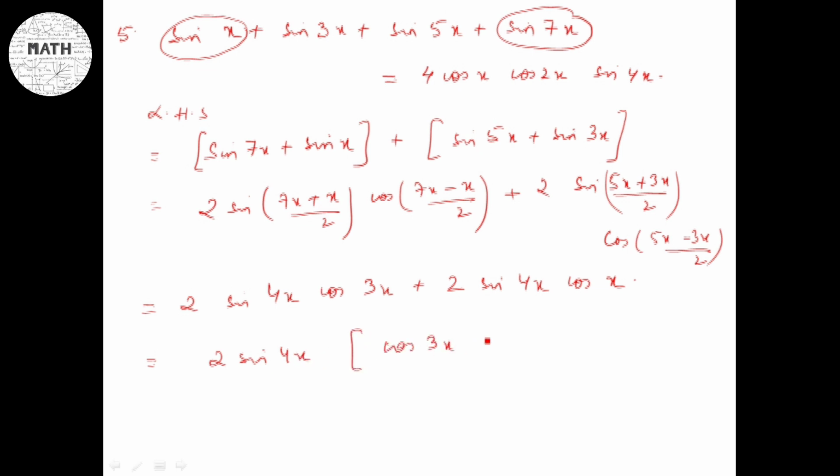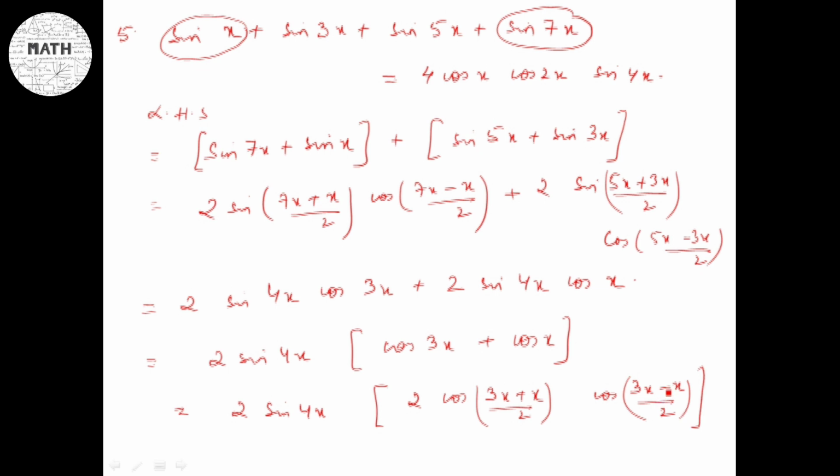Cos 3x plus cos x. So that will be 2 sin 4x times, again the formula for cos x plus cos y, so that will be 2 cos x plus y divided by 2 cos x minus y divided by 2.